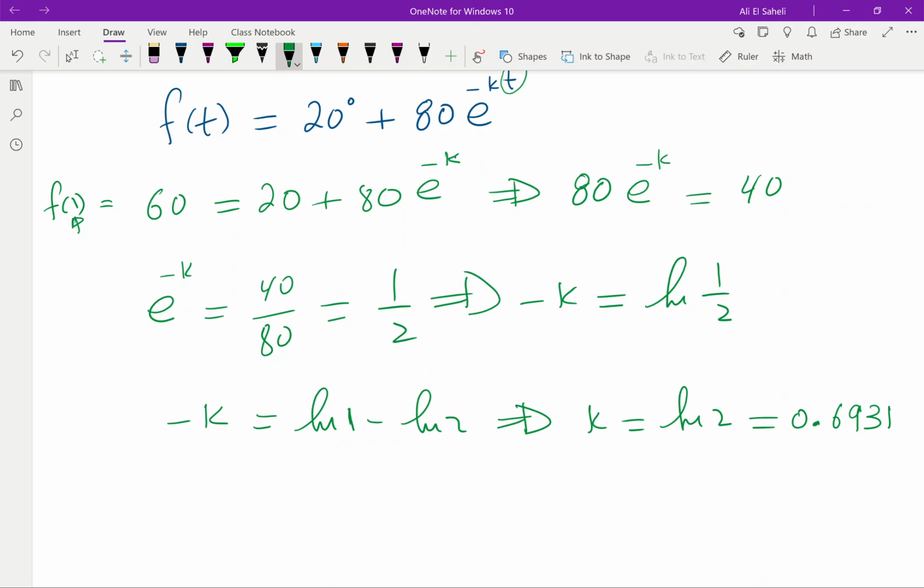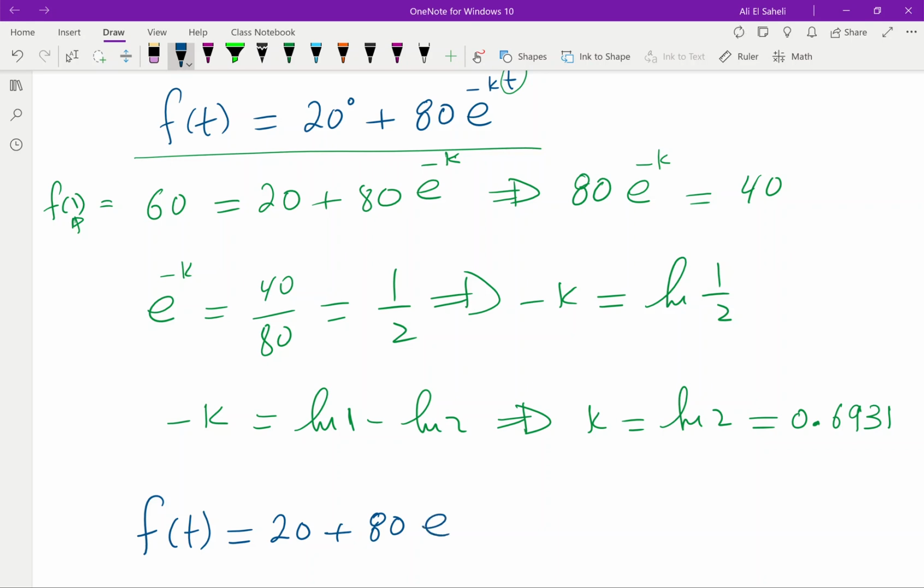So finally, our model becomes, after figuring out what is k for this specific problem. Remember what I said before when we discussed exponential growth and decay, I said that k is a constant that is specific to each problem, and it is determined by experiments or observation.